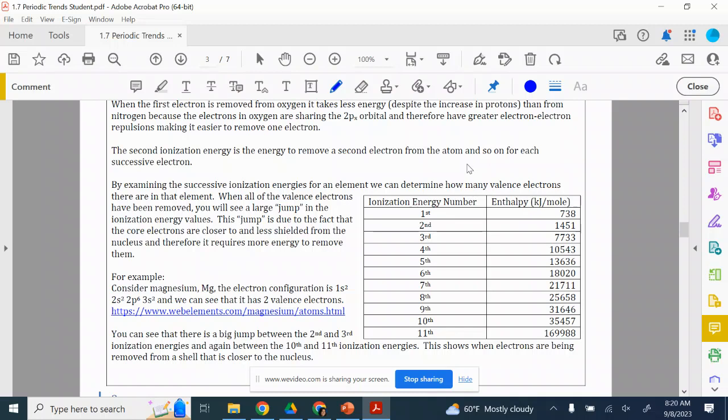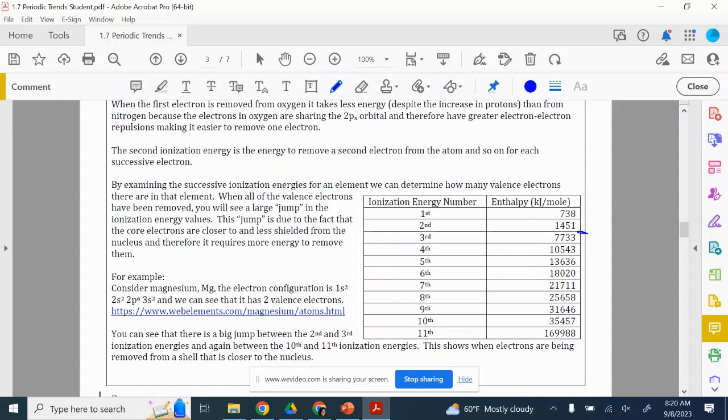What you're going to be doing when you analyze this is going down the chart they give you, and finding where there's a big increase in energy. So between here and here, there's a big jump. Do you see that? Between 14 and then it goes to 7,700. You're looking for that big increase.